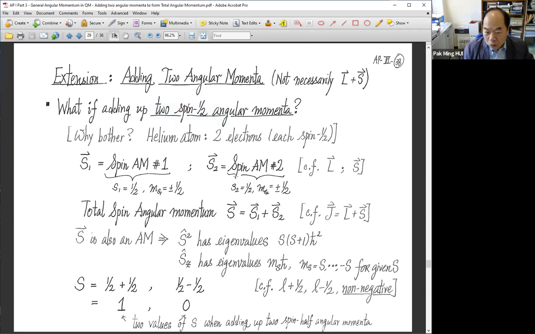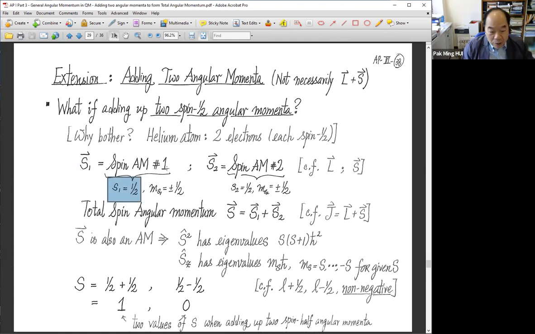Well, follow the rule. We just pretend one of the spins to be the orbital angular momentum, just angular momentum. So we just follow the rule, right? There are two possibilities, L plus half and L minus half, as long as it's not negative. So now instead of the L, we have another half, because that is the fixed quantum number.